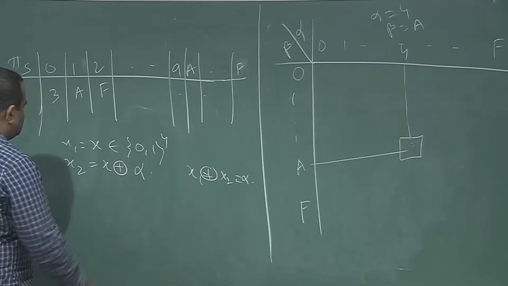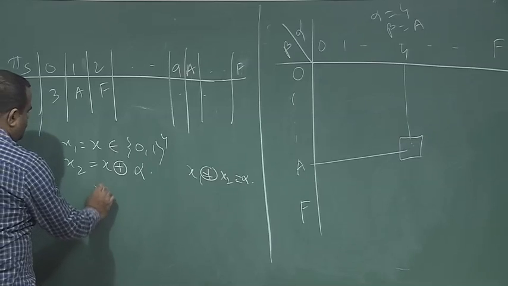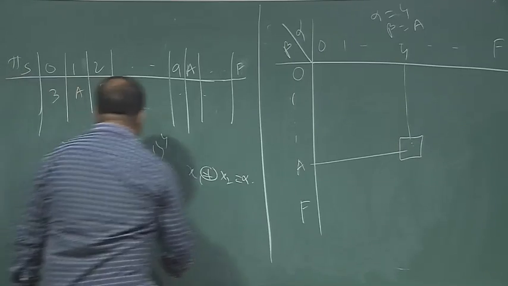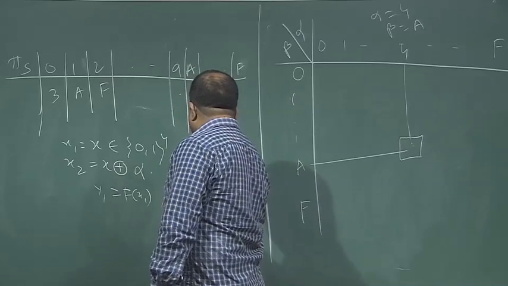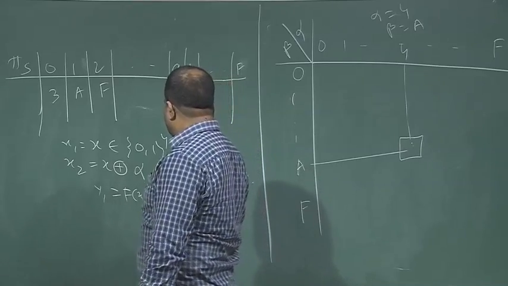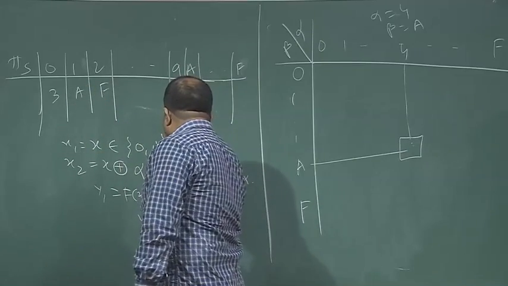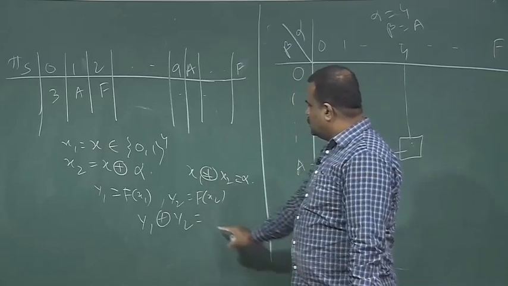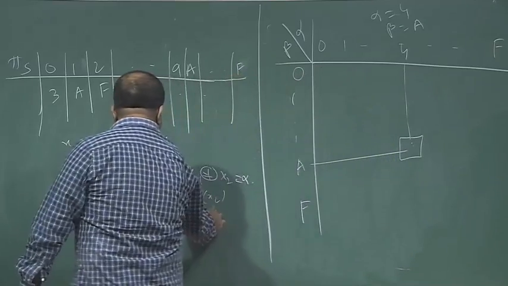Okay. Now we compute the S box. We compute y1, which is f of x1, and y2, which is f of x2. Here the f function is just the S box. Then we compute y1 XOR y2, which has some value, say beta.